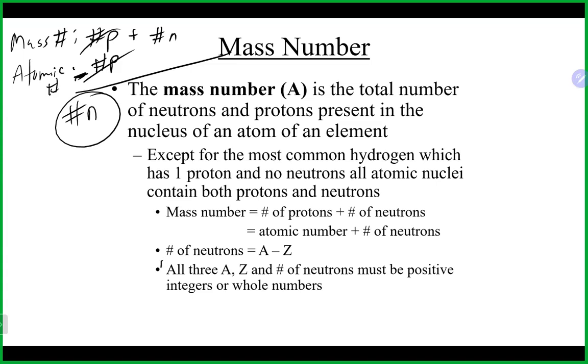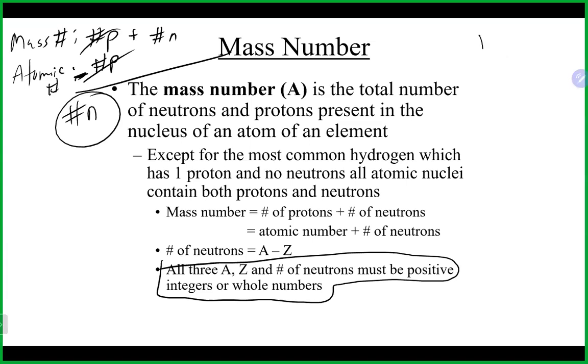When you calculate those things, the mass number, the atomic number, the number of protons, electrons, and neutrons, they all have to be positive whole numbers. That brings up the next question: when I go to my friend, the periodic table, which I like, and I see another number.